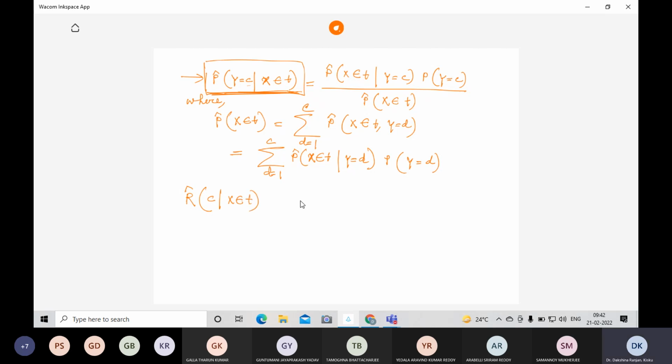So we can write R of C given X belongs to T. This is given by the summation over the loss function L of D comma C, which is multiplied with the posterior probability that we have already estimated for a certain class.